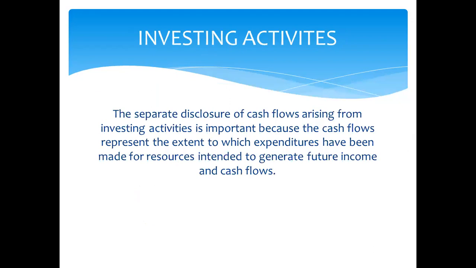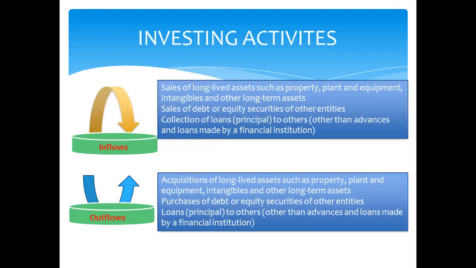Now let's proceed to investing activities. The separate disclosure of cash flows arising from investing activities is important because the cash flows represent the extent to which expenditures have been made for resources intended to generate future income and cash flows. So what are the transactions that would belong to the inflows under investing activities?